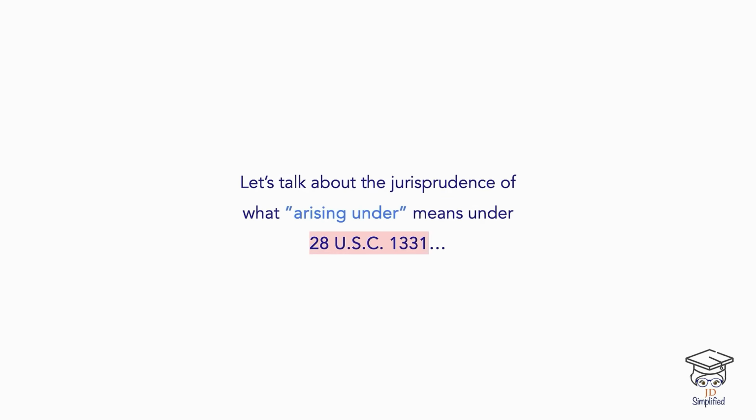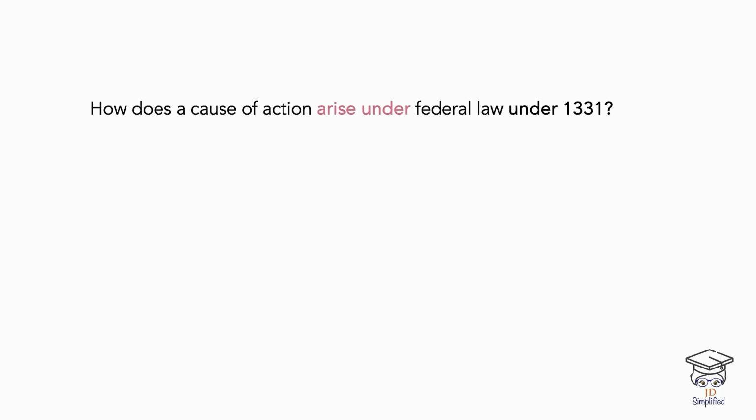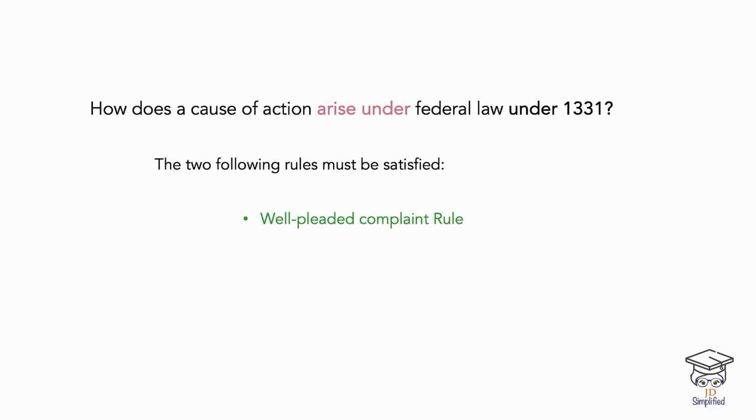So now let's talk about the jurisprudence of what arising under means under 28 U.S. Code 1331, the statutory component of our analysis. How does a cause of action arise under federal law? The two following rules must be satisfied: the well-pleaded complaint rule and the significance rule.